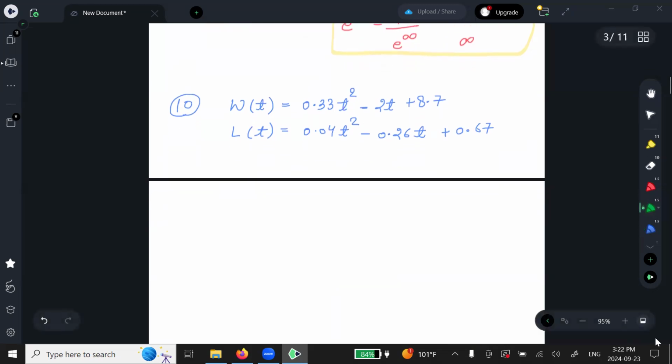Expect a question like this on the exam. Limit as t approaches infinity of w. Now, because there is no fraction, you can always say divided by 1, and because the bottom is a constant, it has less degree, that would just be infinity.